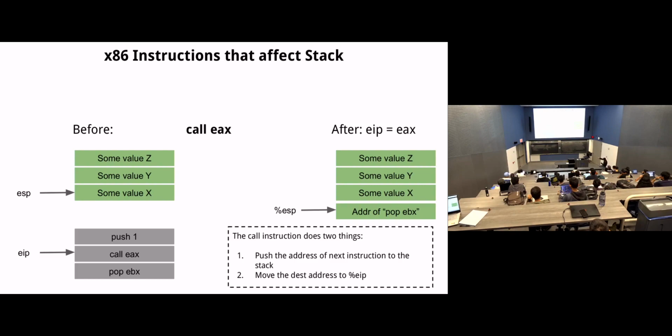Right now the instruction we're going to execute is call EAX. The next instruction is pop EBX. We're going to push the address of that instruction, not the instruction itself, to the stack. Then we're going to change EIP to EAX, so we're going to execute the instruction at the address in EAX. And the stack will have a new item here.